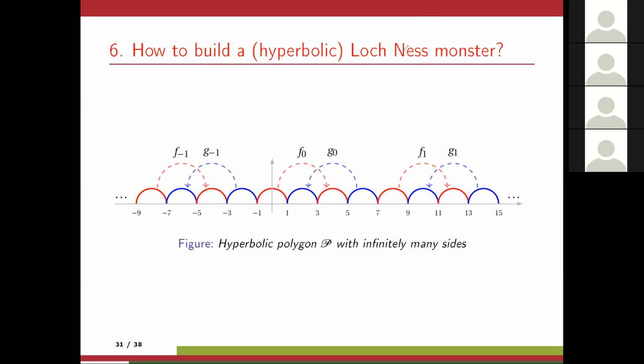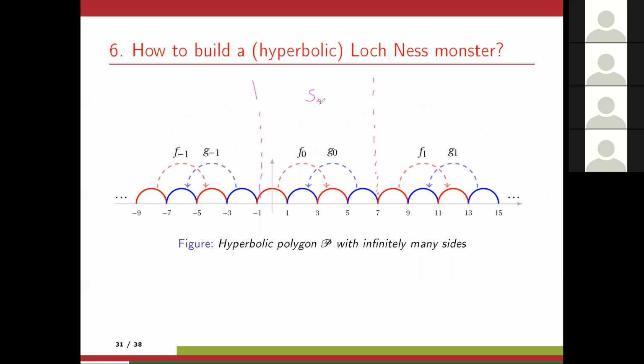Now we're going to draw vertical strips, each strip having exactly 4 of these half circles. The first strip is this one, whose index is 0.